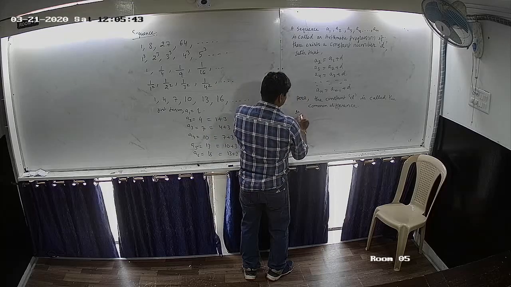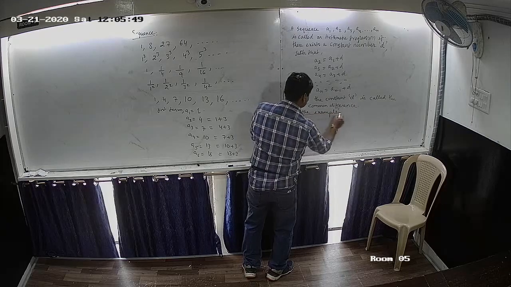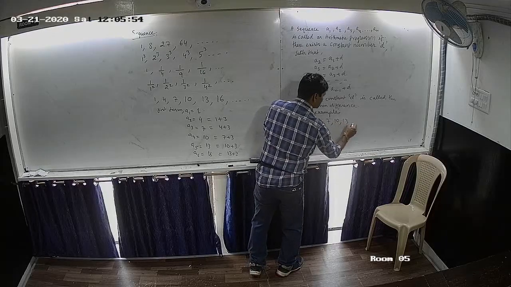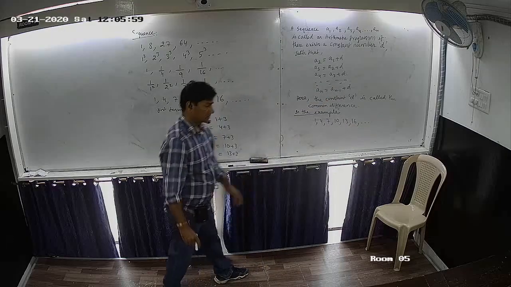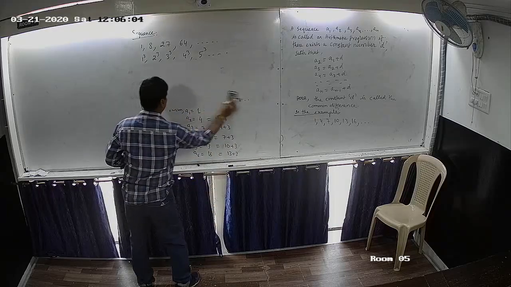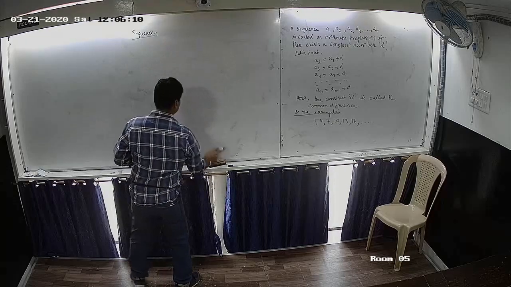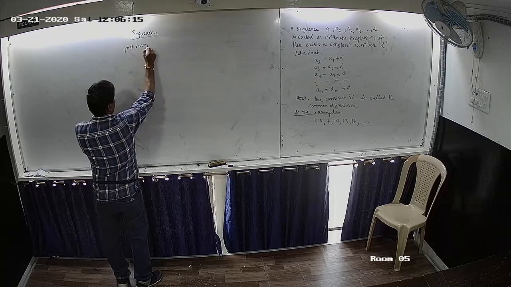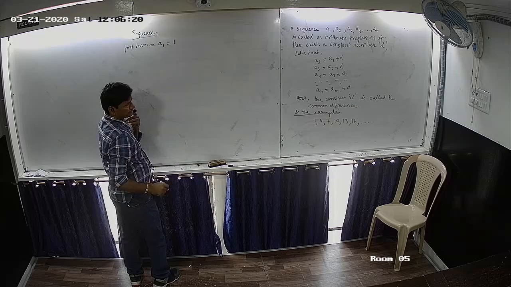So in the example, 1, 4, 7, 10, 13, 16, dot dot dot, 1 is called the first term. First term A1 is equal to 1.